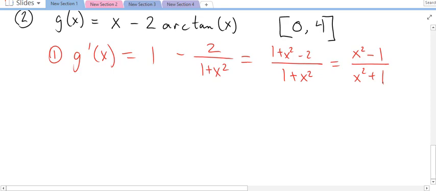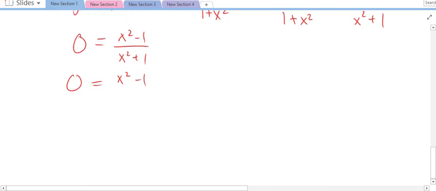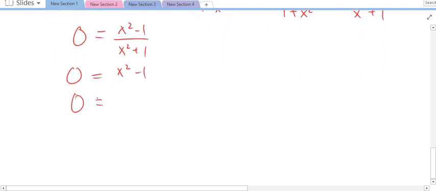So if we want to go ahead and solve this, we are never going to get the denominator equal to 0. This is always going to be positive. So I really just have to worry about when is the numerator going to equal 0. And again, we are going to get x squared equals 1. So x has got to equal plus or minus 1 in this case.